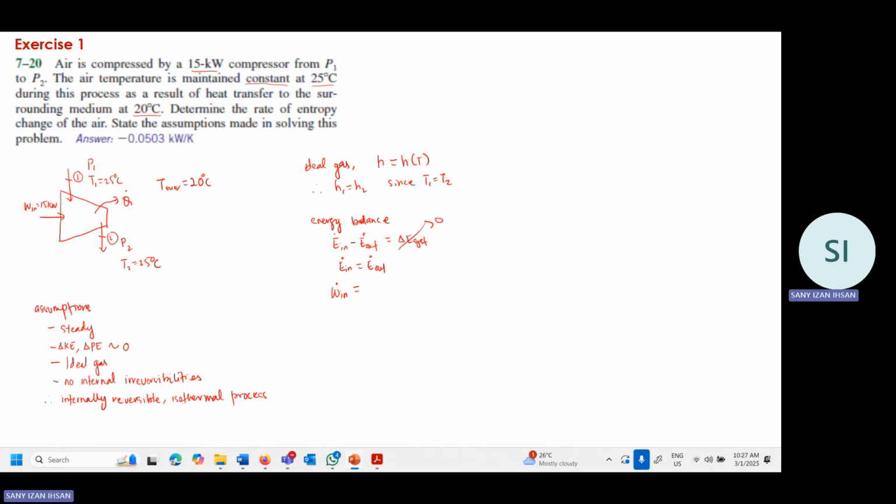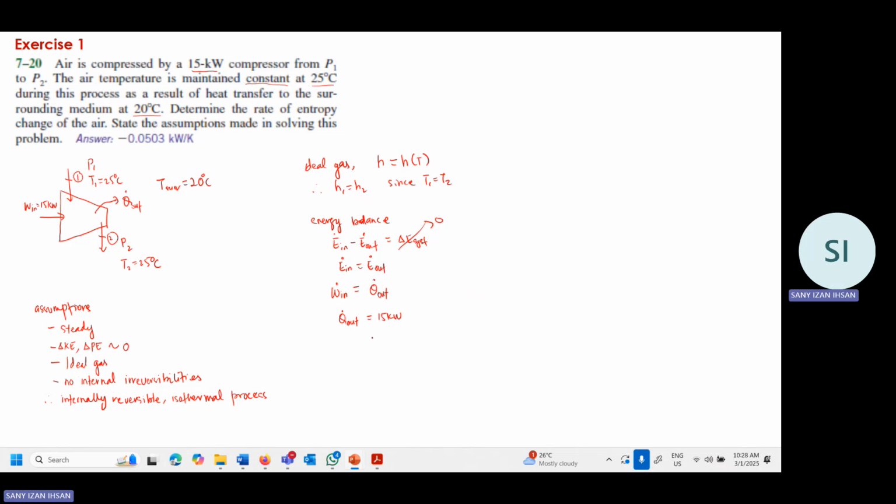So energy out is in terms of heat transfer only, Q dot out. These are the only energy transfers that we have: work going in as well as Q going out from the system. We know the work in is given already, 15. Therefore, our Q dot out is nothing but 15 kilowatt, based on the energy balance.